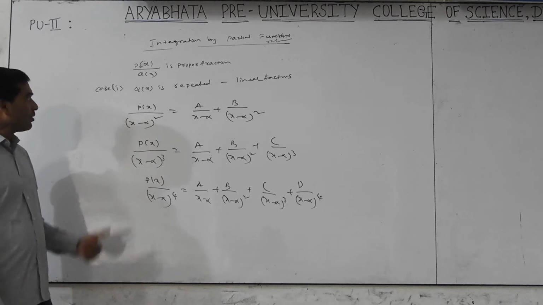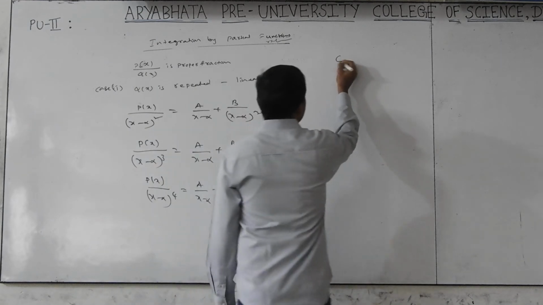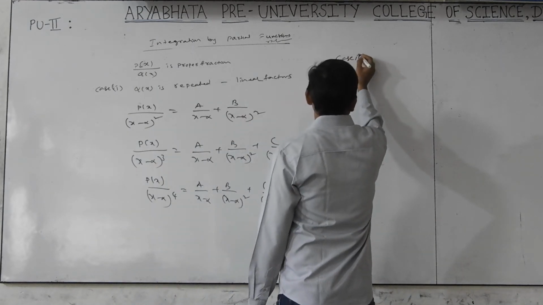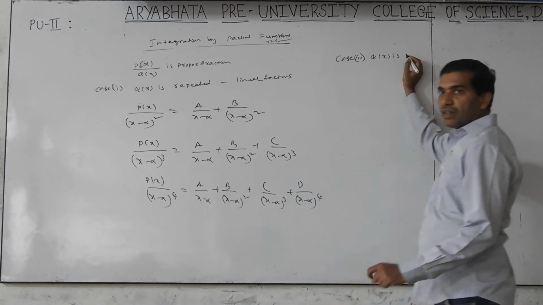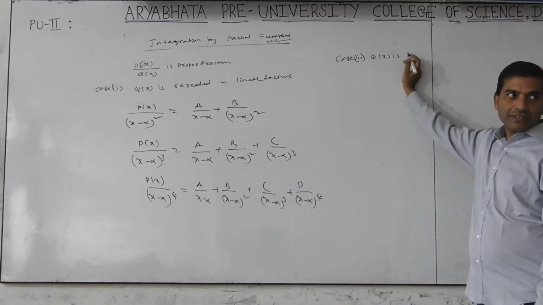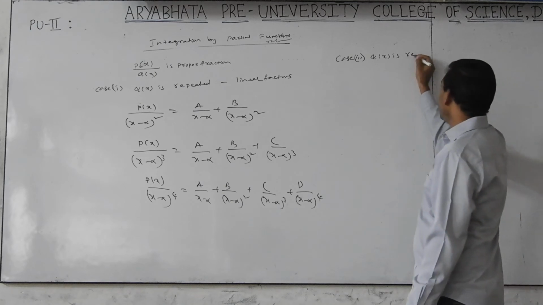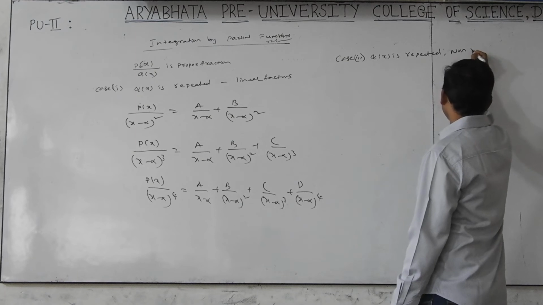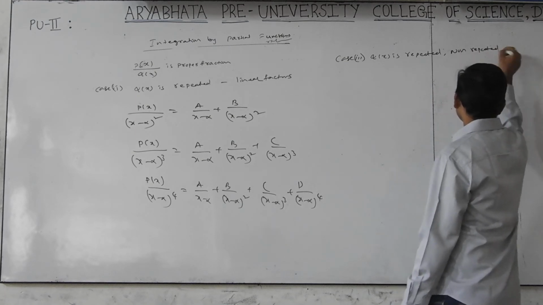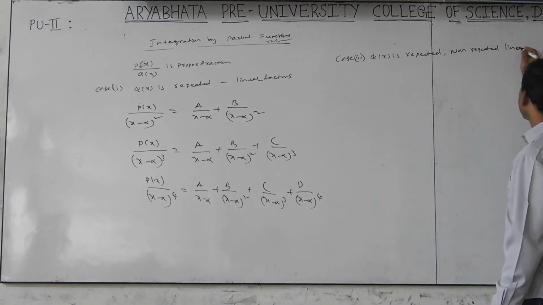Understood? One more is case third. Case third is where q of x has repeated and non-repeated linear factors. Repeated, comma, non-repeated linear factors.